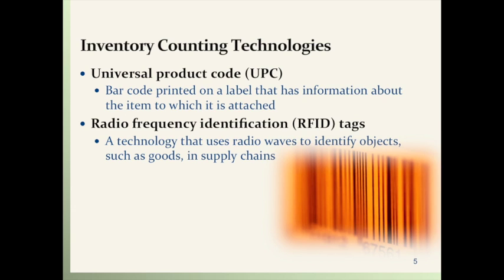You could go to a shipping container and use an RFID reader and count everything in that all at once with the RFID reader. It has a limited range, but it's pretty cool.